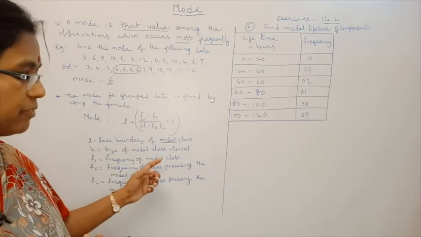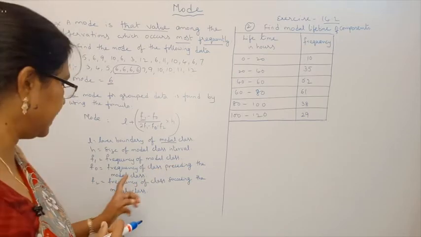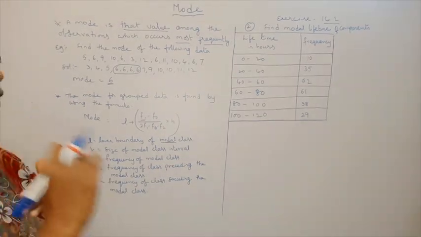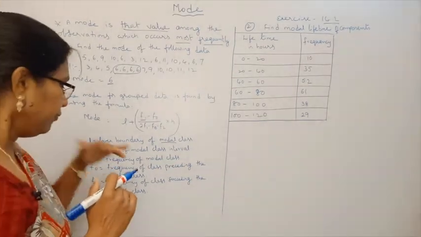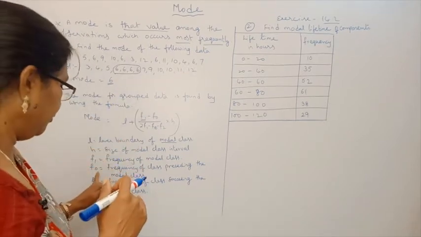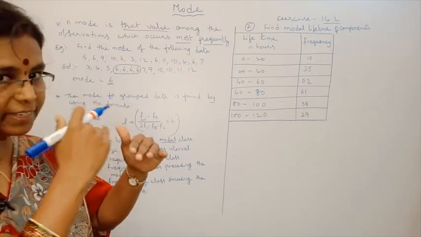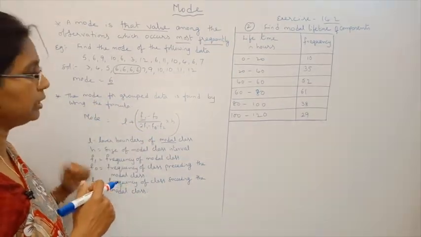F1, frequency of modal class. F0, frequency of the class preceding the modal class, the class before it. F2 is the frequency of the class after the modal class.